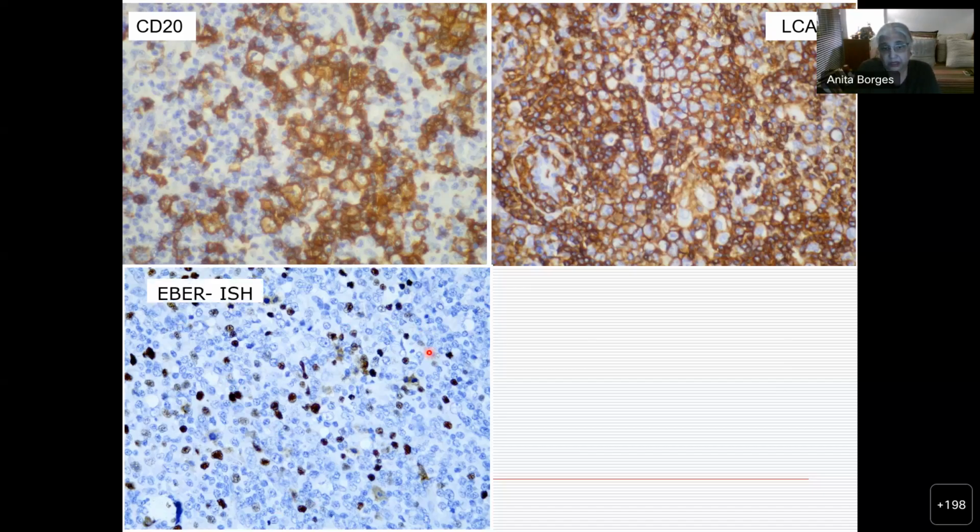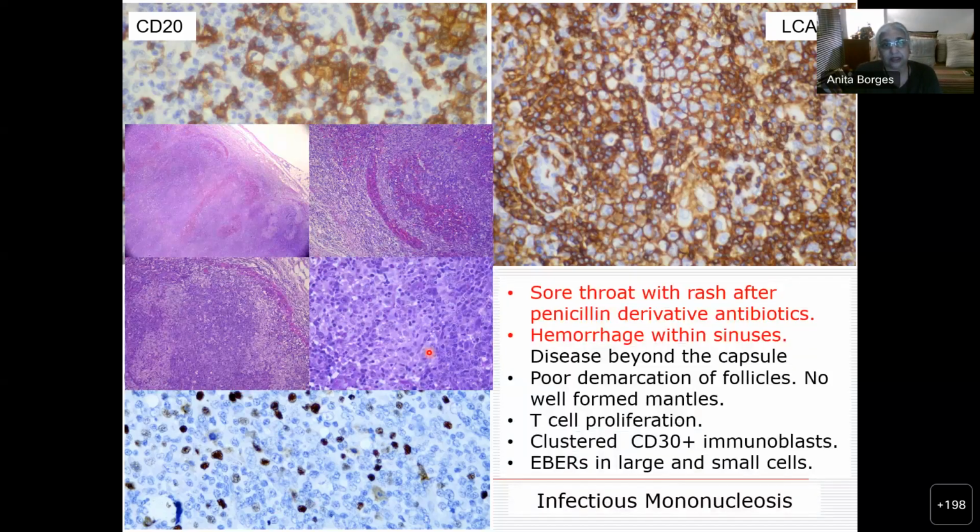And so what is my diagnosis in this case? Yes, it is infectious mononucleosis. And I want you to note that it was classical in every way. Sore throat, after which, following antibiotics, the patient developed a rash.